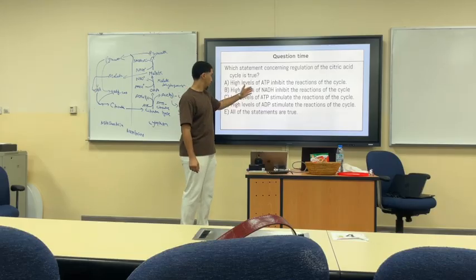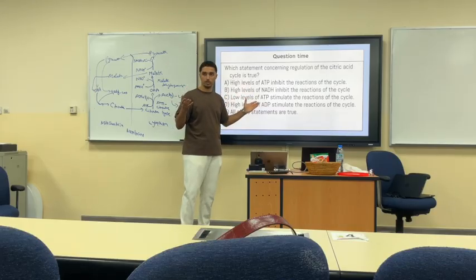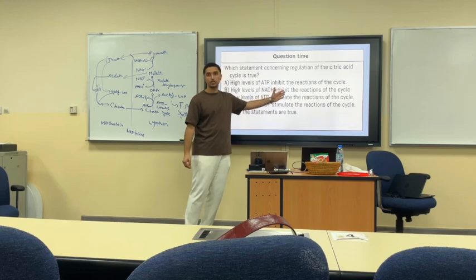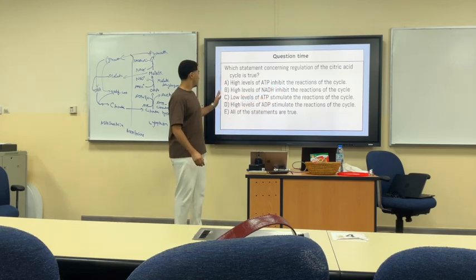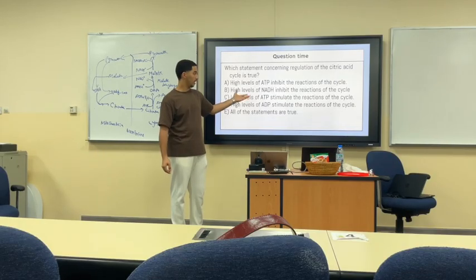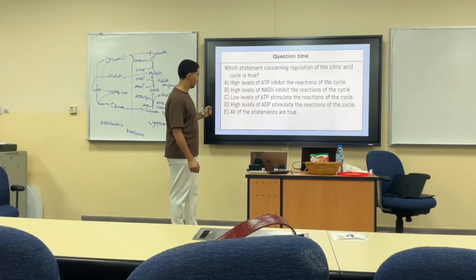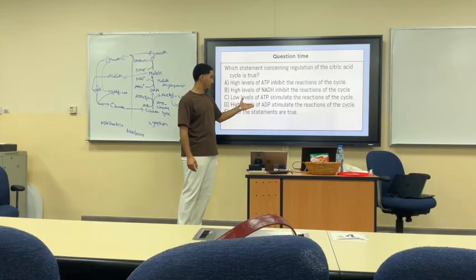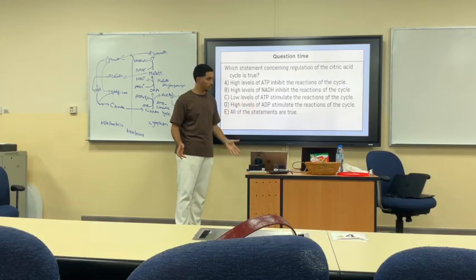The same for NADH. High levels mean that we have a high amount of energy, so we inhibit the reactions of the cycle. Low levels of ATP indicate low energy, so we activate the reactions of the cycle. The same for high levels of ADP, which means we have low energy, so we activate the cycle.